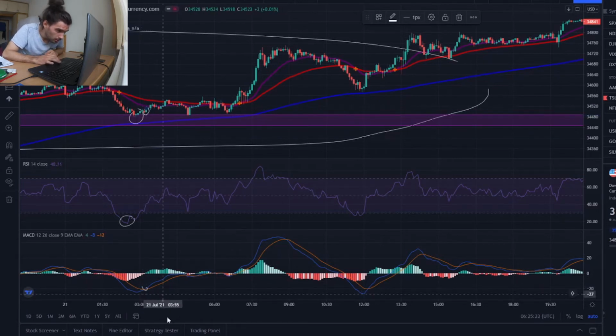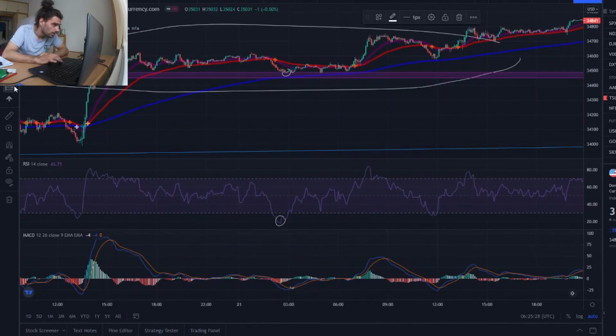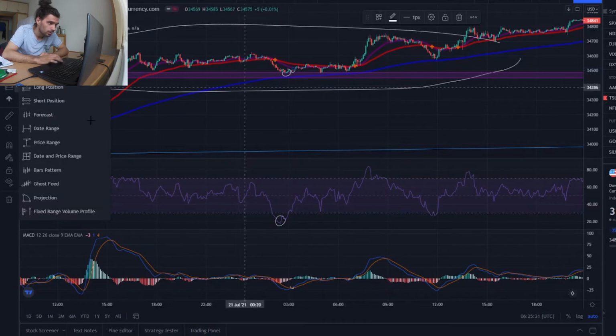Now the trade is pretty simple. Since we are on an uptrend, we go for a long position here.